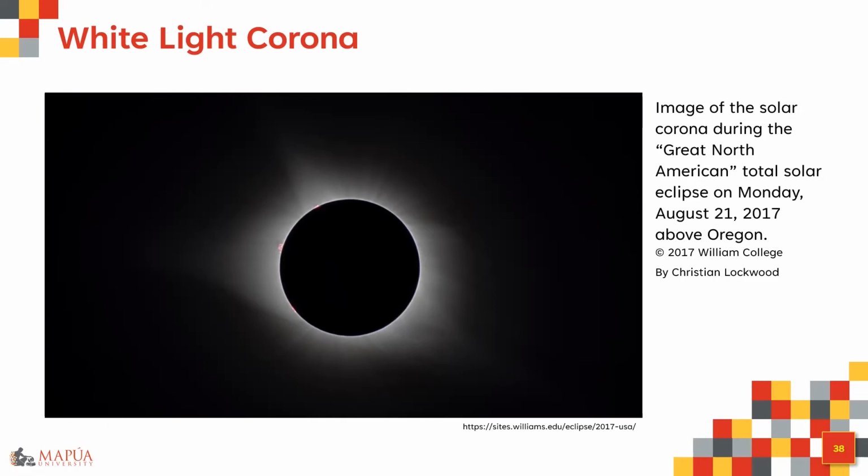You can look at this website to see additional pictures of this eclipse. You will notice there are certain features that you can observe here, on top of the fact that we can actually see the solar chromosphere. So this thin red line is the chromosphere, and this white light is actually the corona.